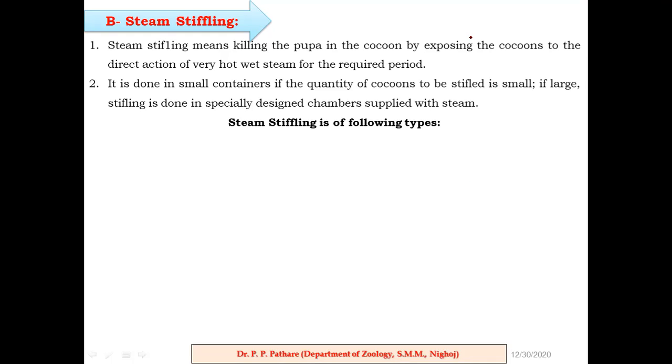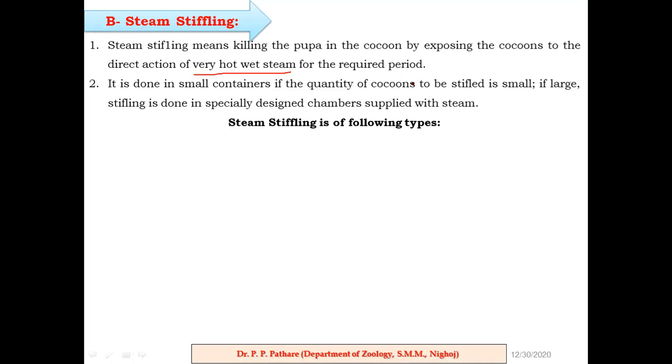This is again a method similar to sun drying, but here you use another medium, that is wet steam, which will be released on your cocoon, or you expose your cocoon inside hot steam, and this hot steam will kill the pupa inside the cocoon.